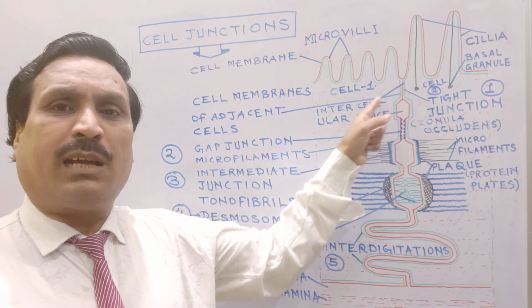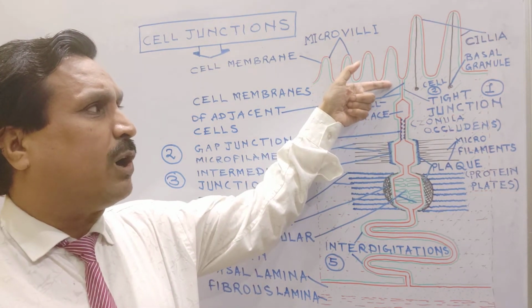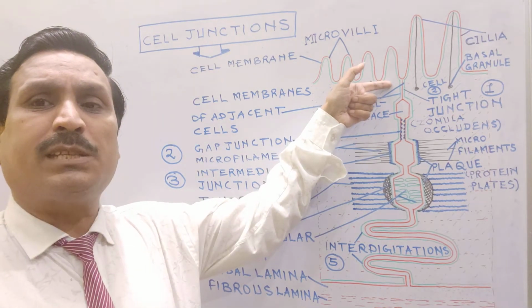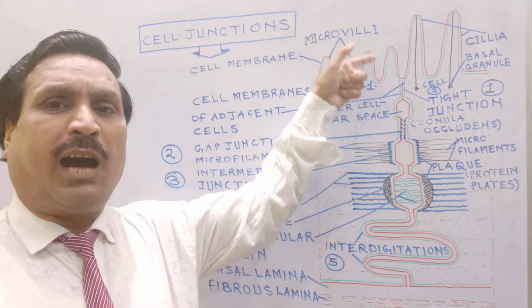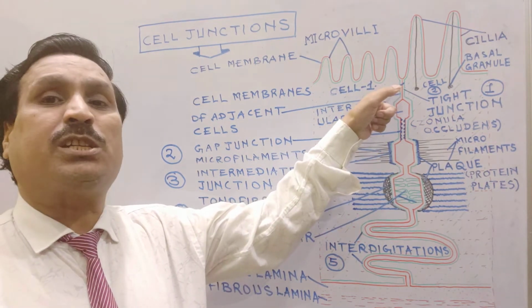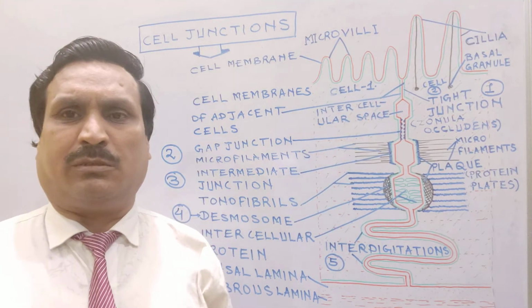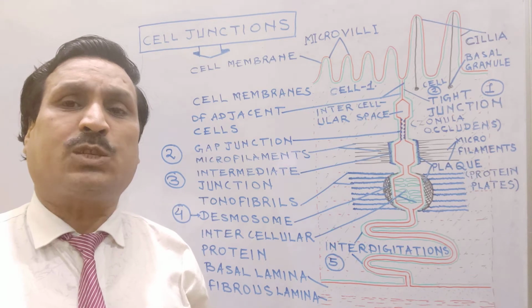Tight junctions are present at the apical part of two adjacent cells. Generally, these adjacent cells are columnar type between which this tight junction is present. Although non-columnar cells also have tight junctions.